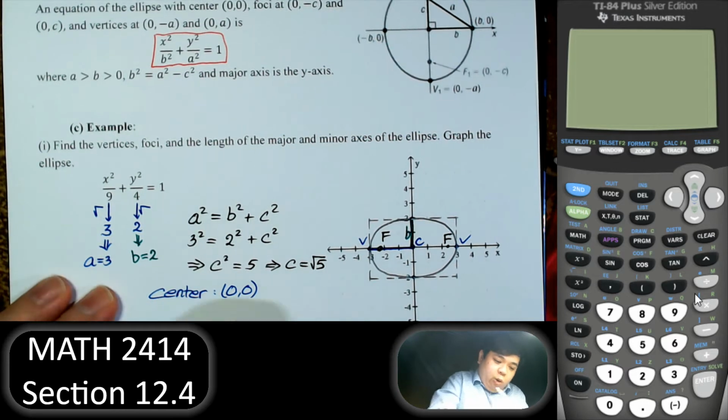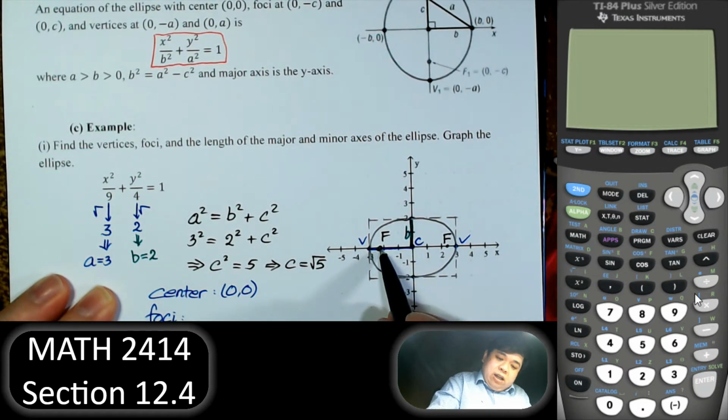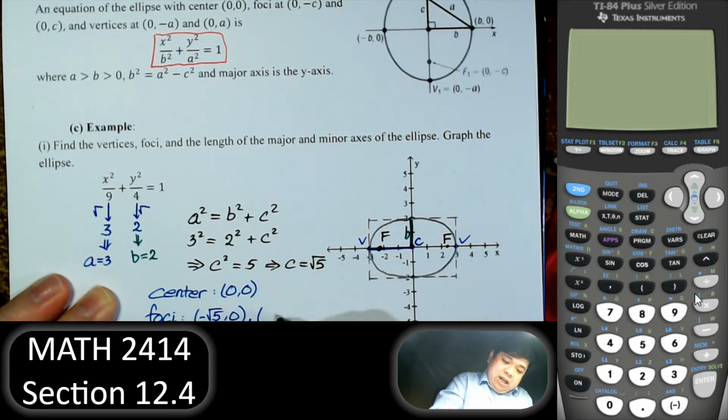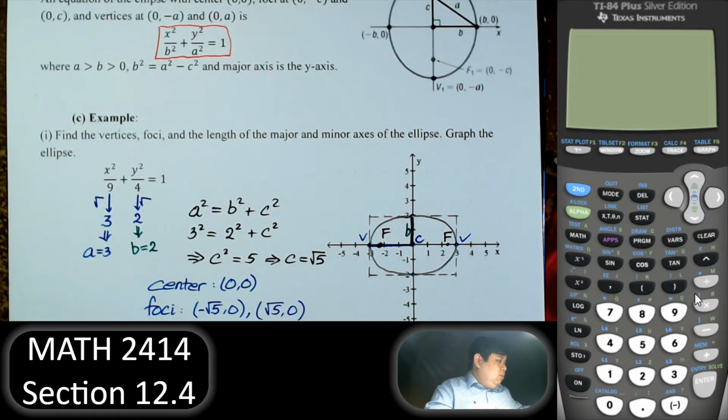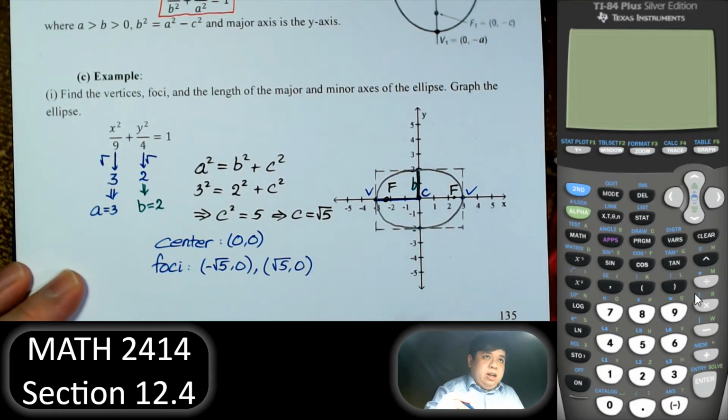Right, foci, 2 of them. One is (square root of 5, 0) and the other (negative square root of 5, 0). So square root of 5 left and right, we have the foci.